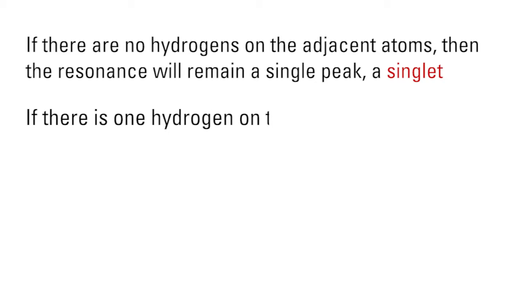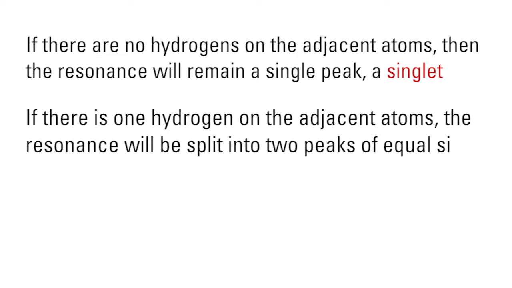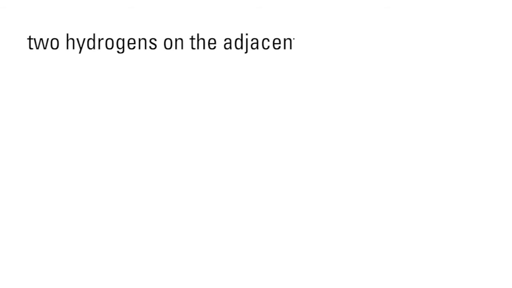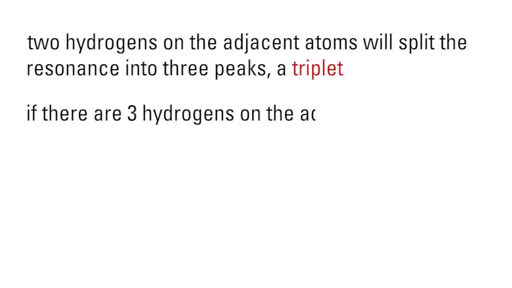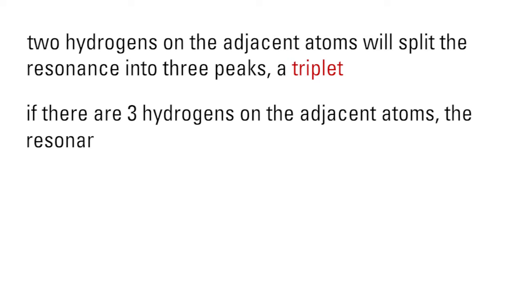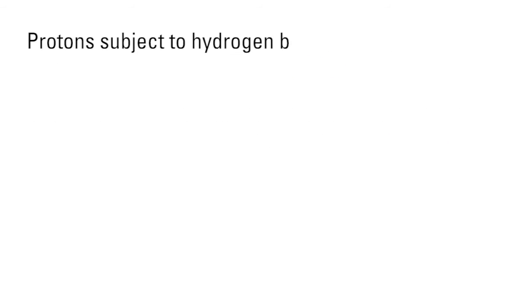If there is 1 hydrogen on the adjacent atoms, the resonance will be split into 2 peaks of equal size, a doublet. 2 hydrogens on the adjacent atoms will split the resonance into 3 peaks, a triplet. If there are 3 hydrogens on the adjacent atoms, the resonance will be split into 4 peaks, a quartet.